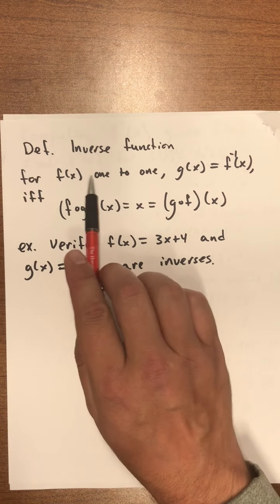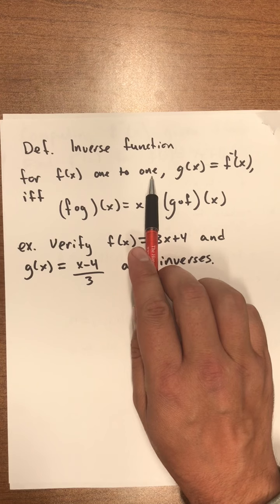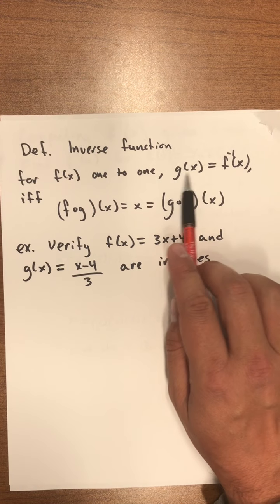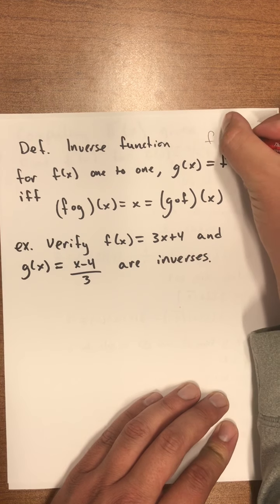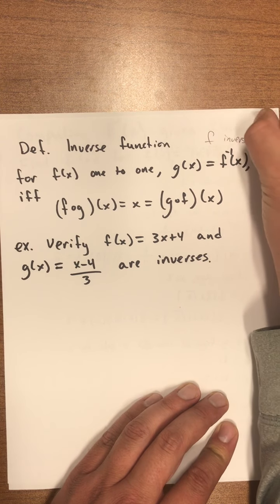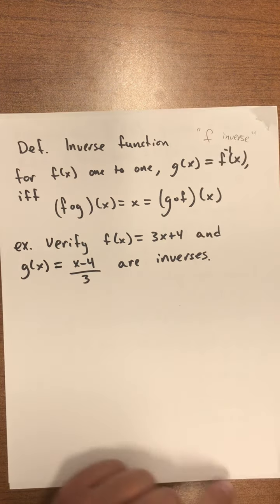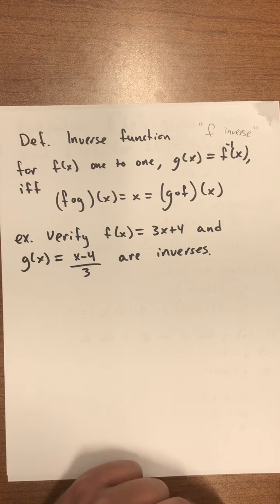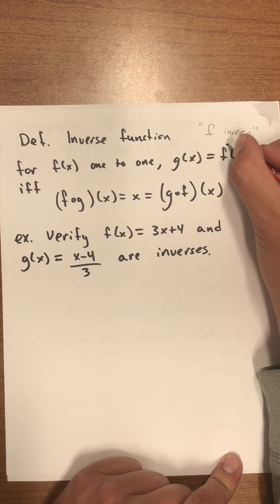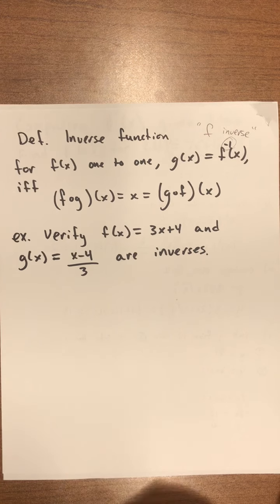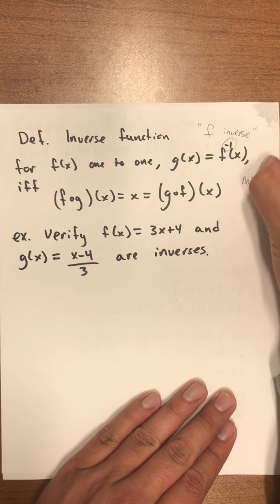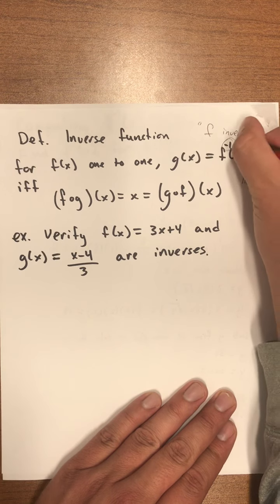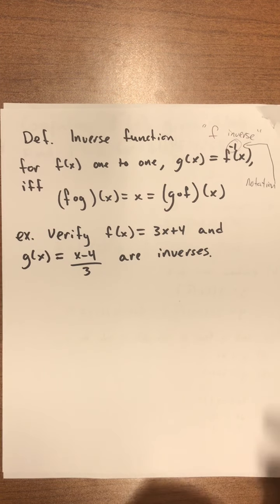The definition is for a one-to-one function f, another function g of x equals, and we say this, f inverse, or you can say the inverse of f. Note that this is not an exponent. Make sure we understand that that is just the notation for inverse.